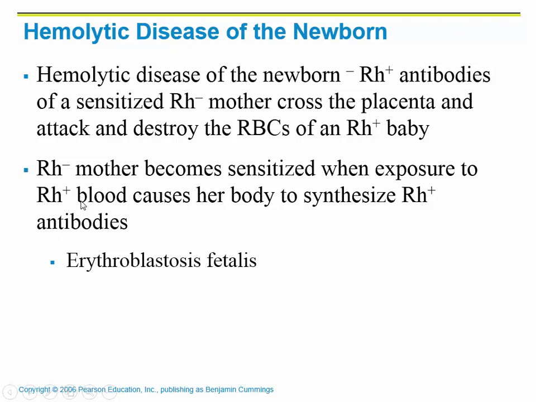But with the second baby, she's been exposed to the Rh positive blood from her first baby and has produced antibodies. Now those antibodies are going to fight against her second baby's blood. We call this erythroblastosis fetalis. There can be a problem during birth, and there can be an attack of the mother's blood against the baby's blood.